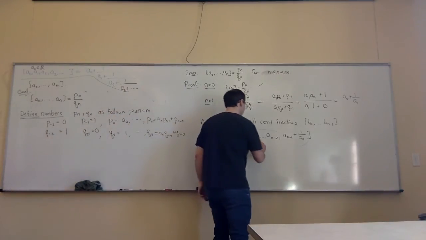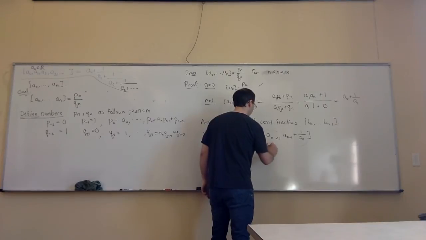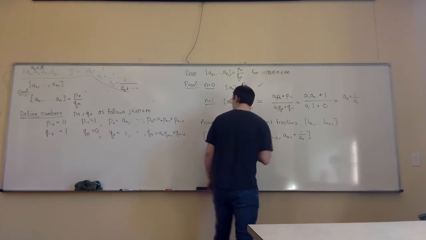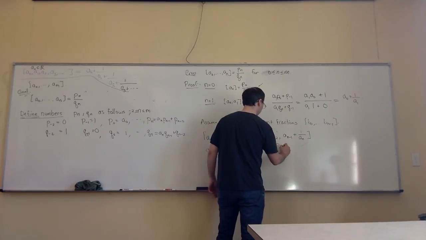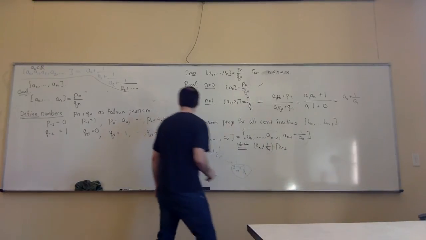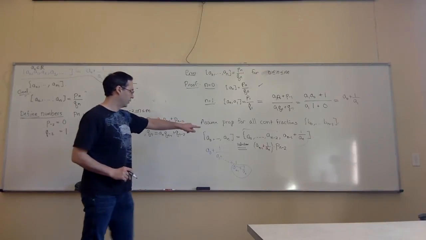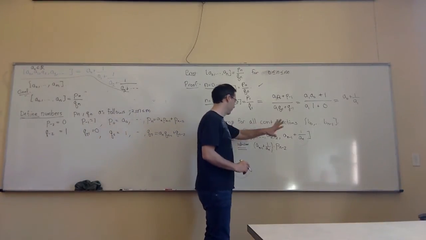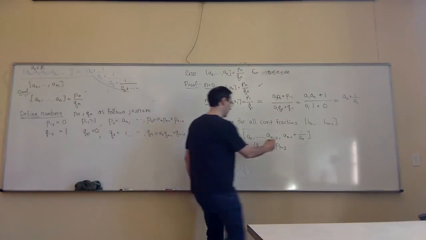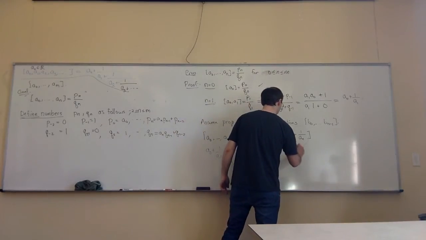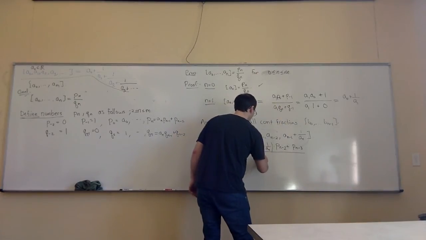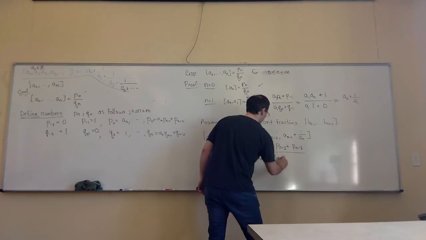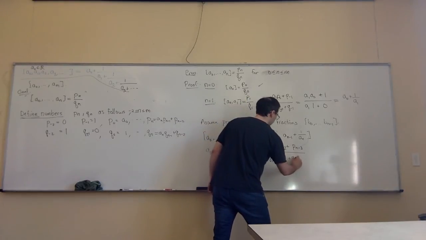The last term here is a n minus 1 plus 1 over a sub n times p n minus 1, except it's actually p n minus 2 because we're doing this for n minus 2. So that plus p n minus 3 divided by, again, a sub n minus 1 plus 1 over a sub n, q n minus 2 plus q sub n minus 3.